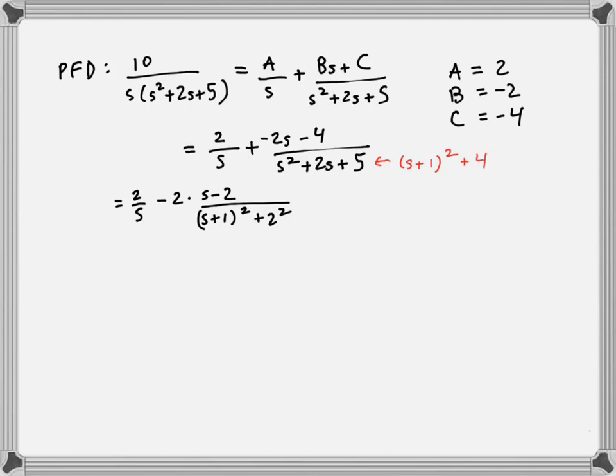Oh, I noticed another mistake, that if I factor out a negative 2, actually, this top should be a plus. So sorry about that. There we go. So this is correct right now. And so what I'm now going to do is write s plus 2 as s plus 1 over that, and then what do I have left?